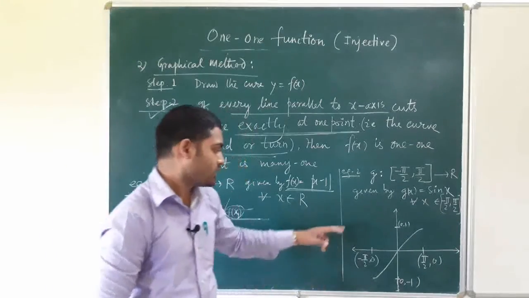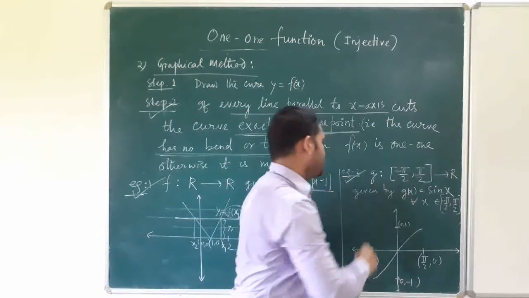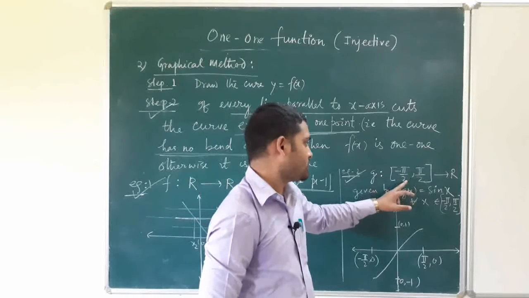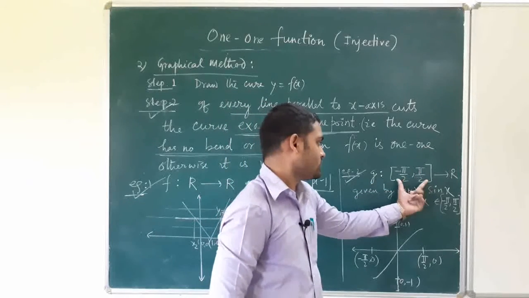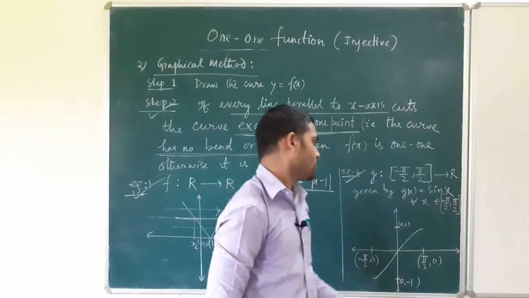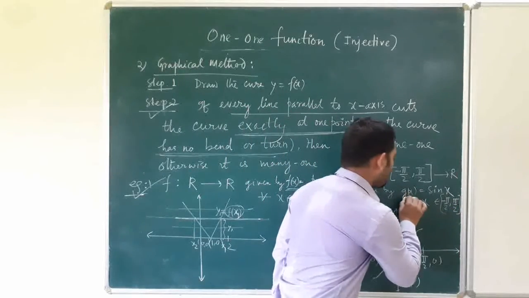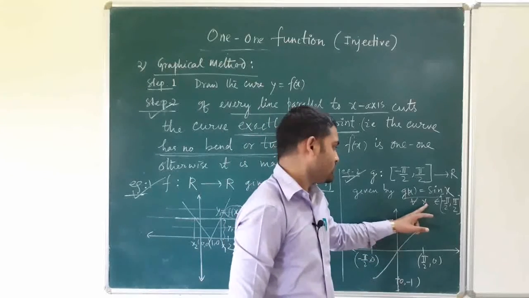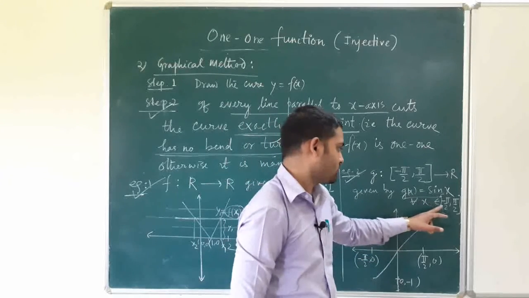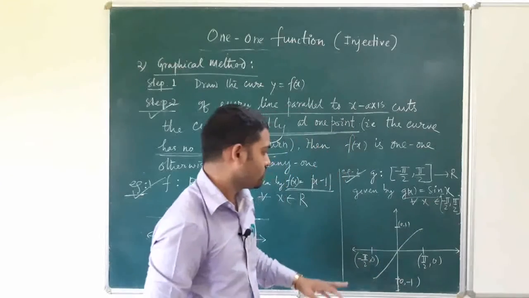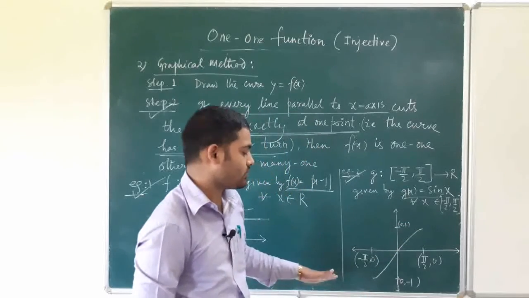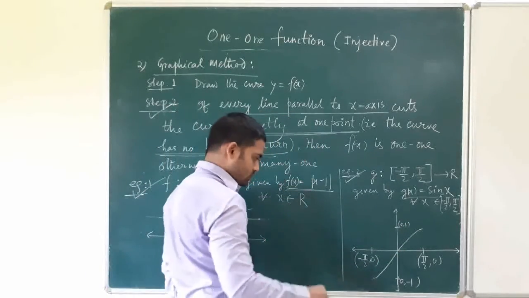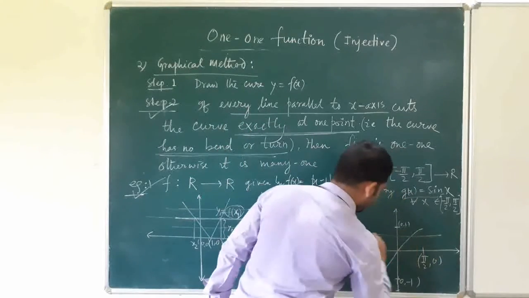Now here you see another example, function g mapping from the interval minus pi by 2 to pi by 2 to R. The function is g of x equal to sin x, for each value of x which belongs to this interval, and we get a curve like this. Now you draw parallel lines.